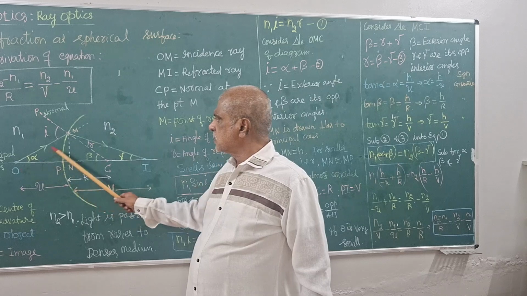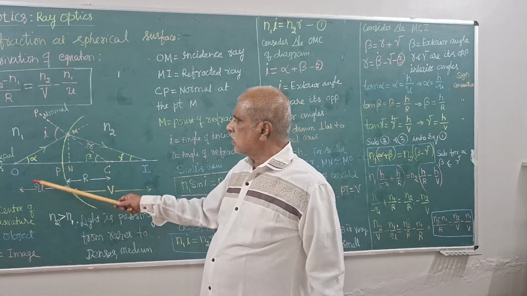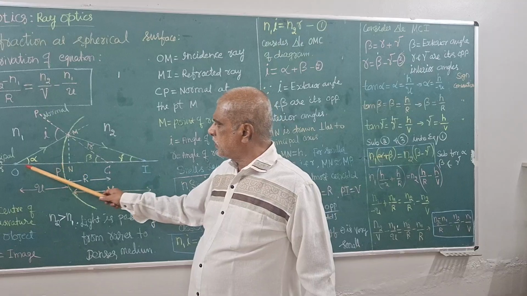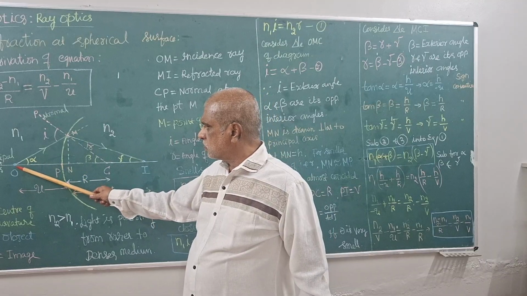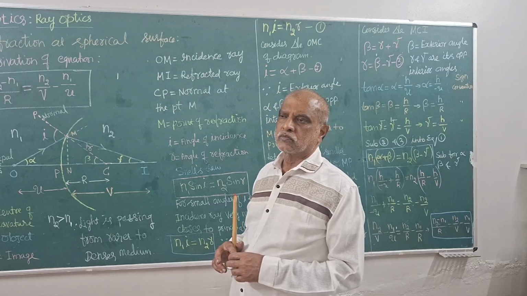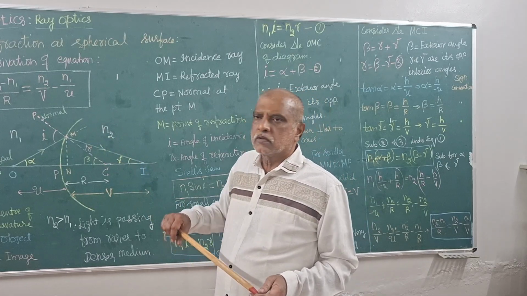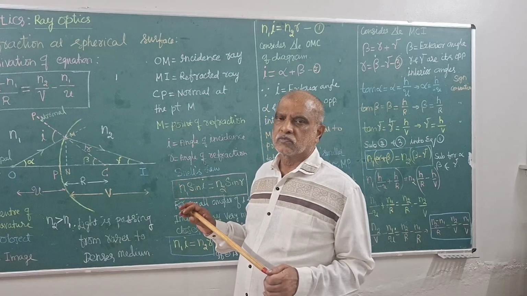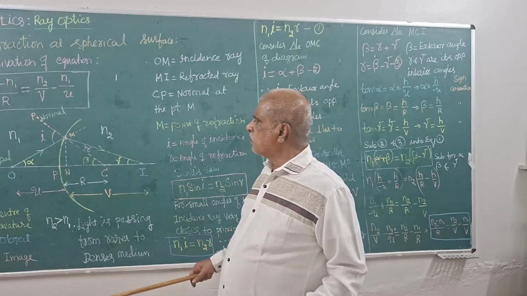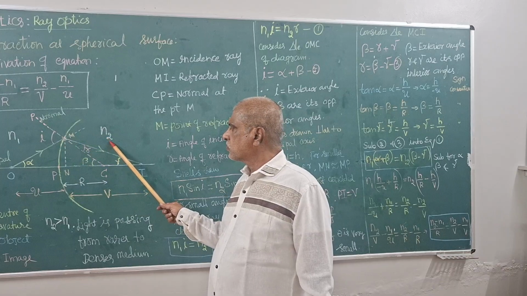Well, let us consider a ray of light from the object in the direction as shown. This explains how the light bends when it is moving from one medium into the other medium.